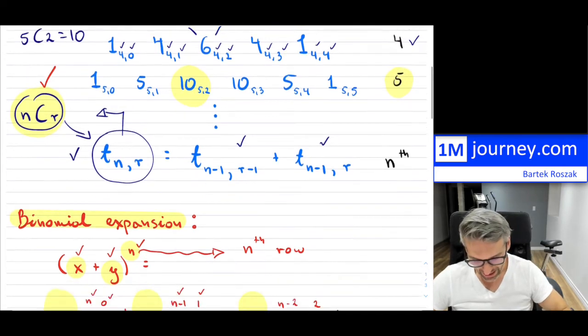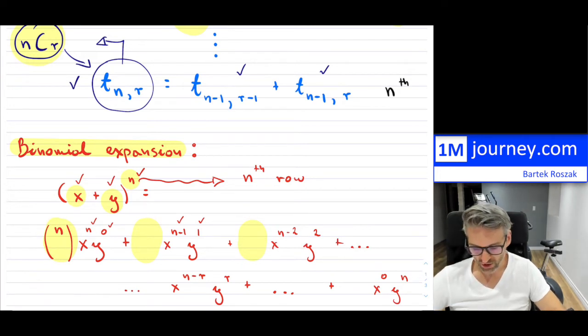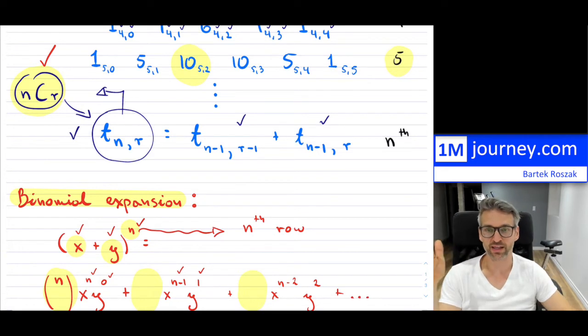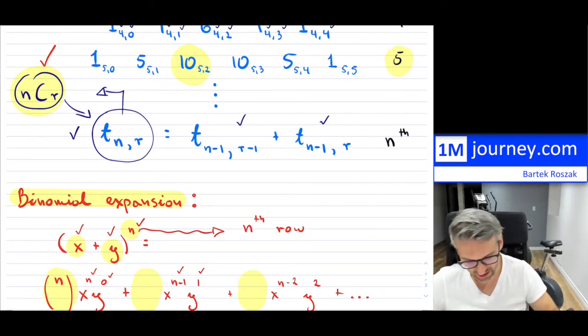So we are in the nth row, and my coefficient is going to be, and you start from the beginning. If you imagine that it's maybe the 5th row, it would have been 5 choose 0, and then the next coefficient would have been 5 choose 1, the next one 5 choose 2, until eventually you exhaust them.